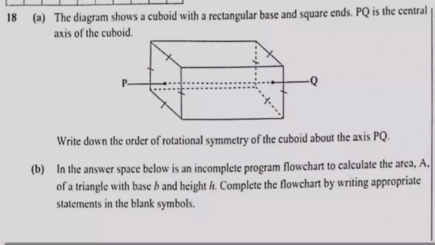A square has got four-fold rotational symmetry every 90 degrees, and since the cuboid's square ends are identical, the entire shape will look the same after each 90 degree turn. So that means our answer is 4. That means the cuboid has got rotational symmetry of order 4.